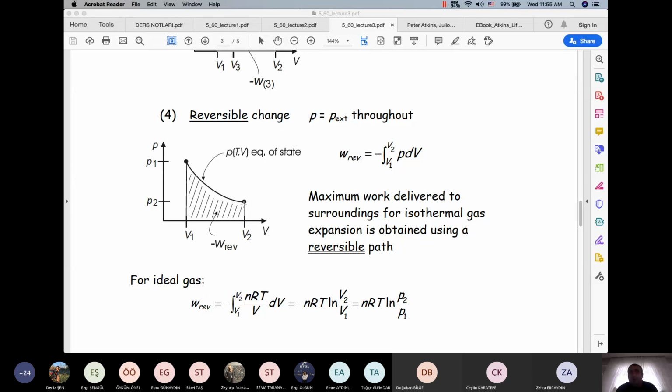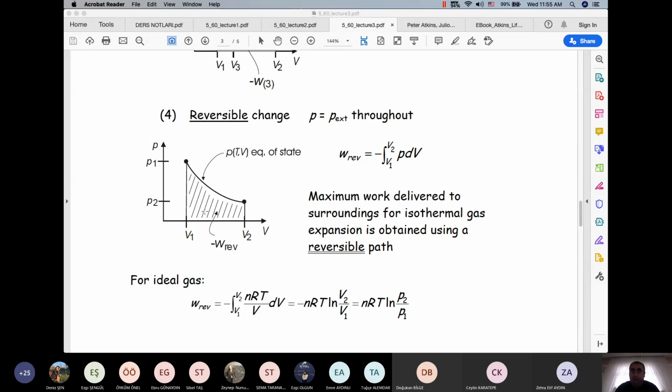Okay, this is the reversible path, and this is the work that I get out of a reversible path, in which there are an infinite number of steps, and there is a very infinitesimal change in the pressure. That's why the system's pressure is almost the same as the external pressure at any instant.